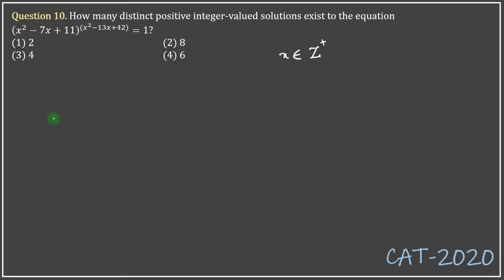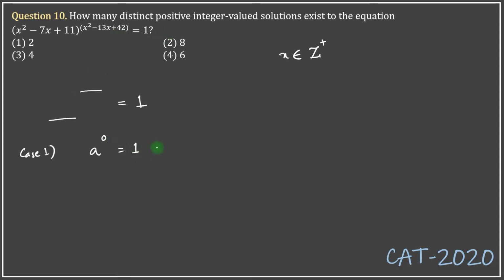Think about it. A number raised to another number equals 1. What all are the possibilities? We know that any number raised to the power 0 is 1. So that means that if the power is 0, then the expression on the left hand side will become equal to 1.